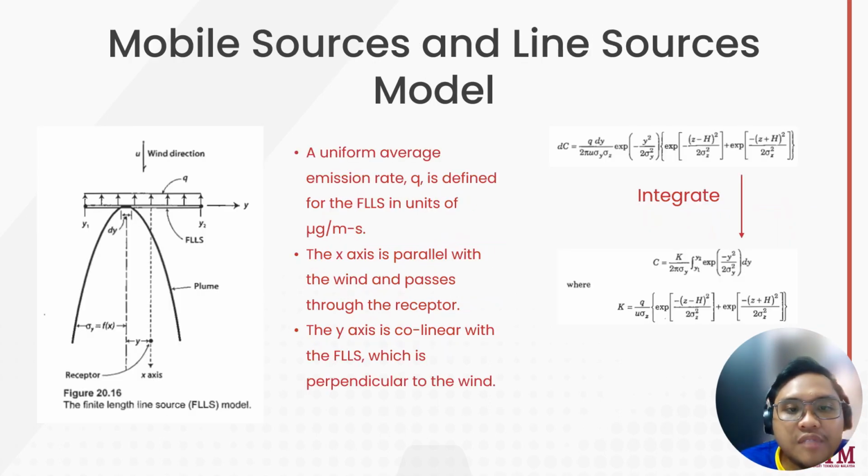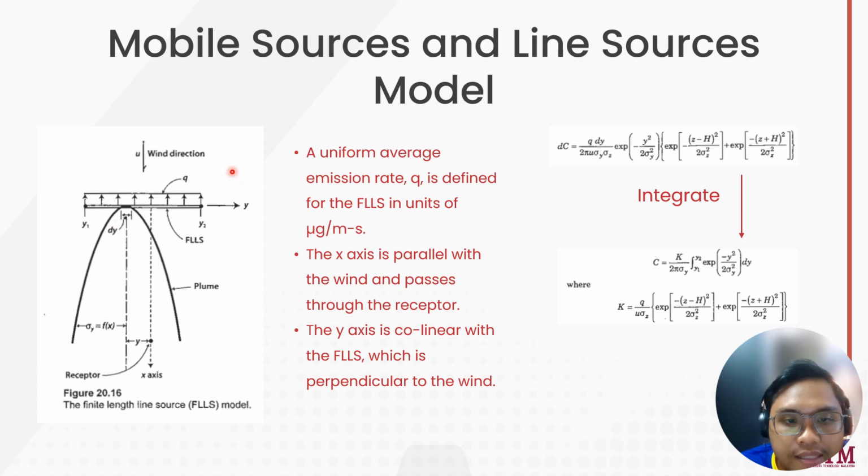Alright, for the subchapter on mobile sources and line sources models, the figure shown is the finite length line source FLLS model. In the description, a uniform average emission rate Q is defined for the FLLS in units of micrograms per meter second. The x-axis is parallel with the wind and passes through the receptor.